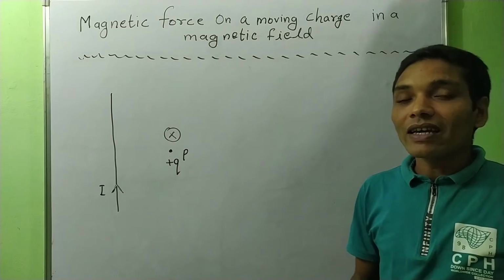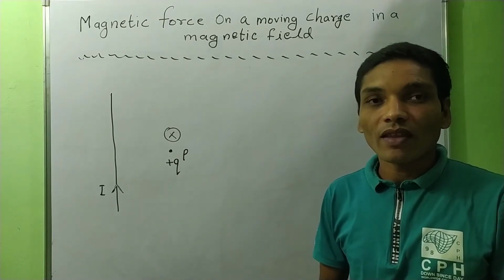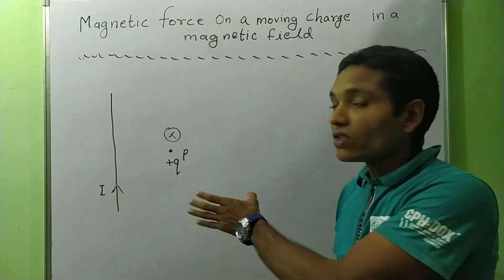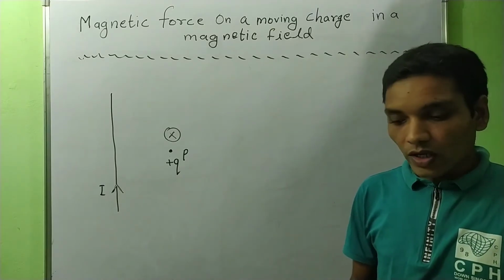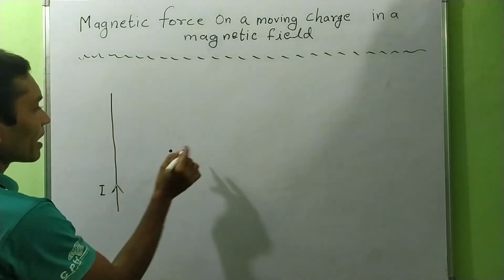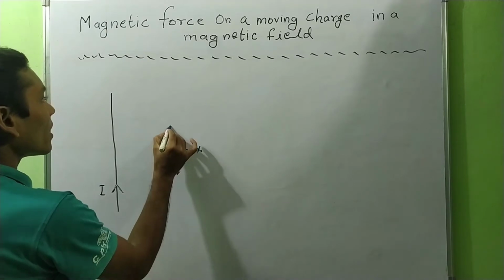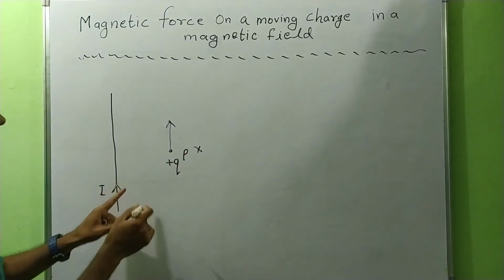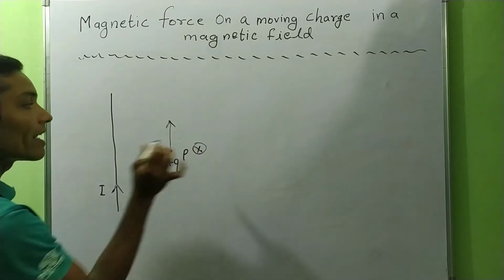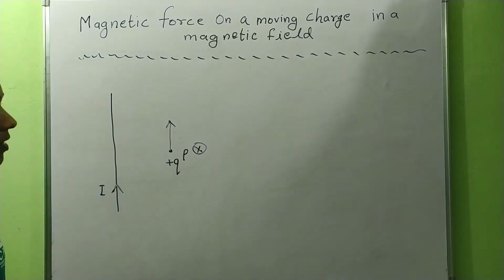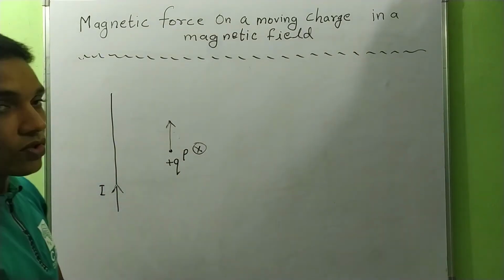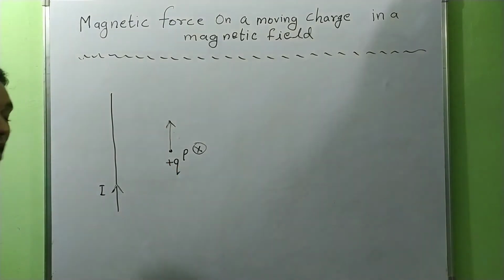Now, what will be the direction of magnetic force, and what will be the strength of magnetic force on the moving charge particle? We will discuss it. So, if the charge particle is moving along this direction, and the direction of magnetic field at point P is inward, what will be the direction of the magnetic force acting on the charged particle?